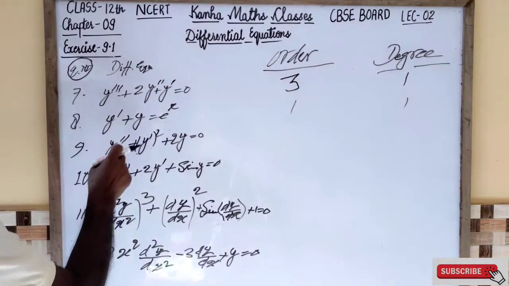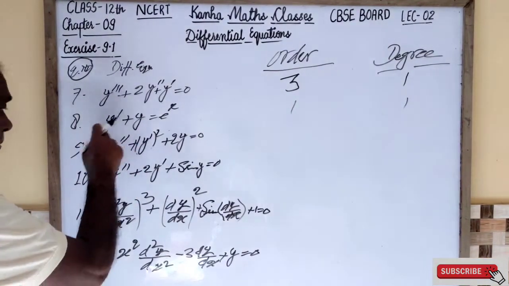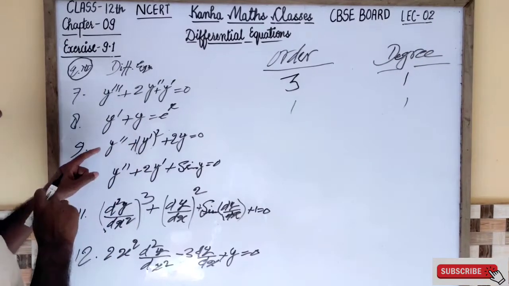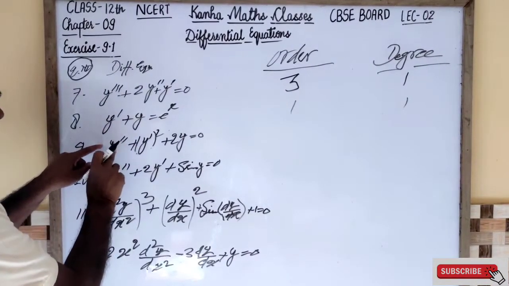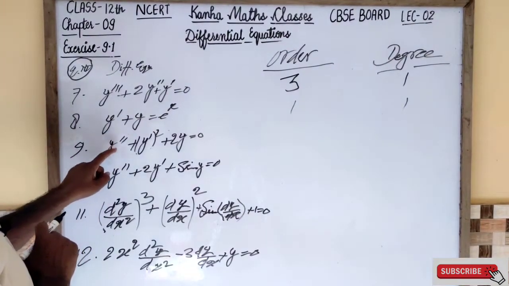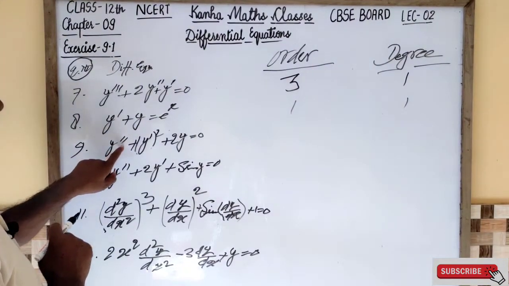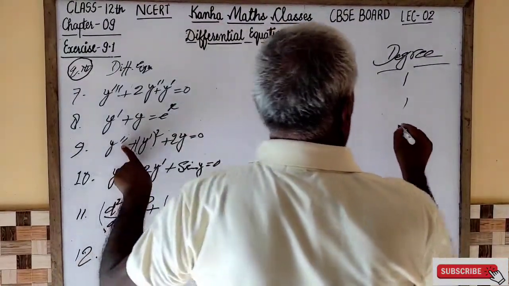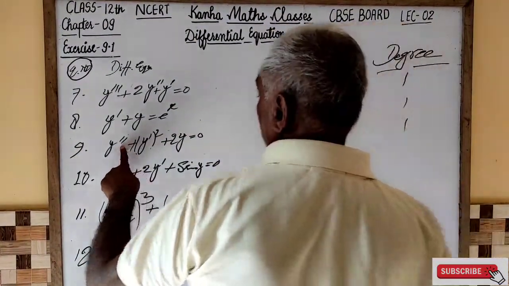Here the highest order derivative means y double dash, but this derivative has only one power, hence its order will be 2 and degree will be 1. Order will be 2 and degree will be 1.